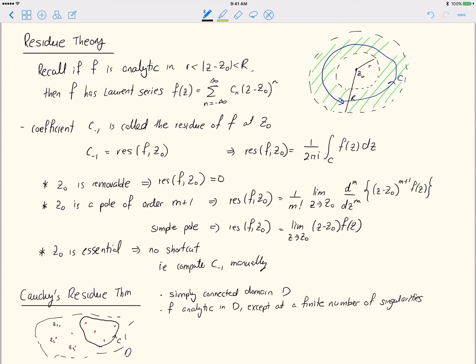Okay. Then the contour integral around C of f of z dz is equal to 2 pi i times, you take all those singularities that lie inside C. So consider Zj inside C, and you calculate the residue at those points.